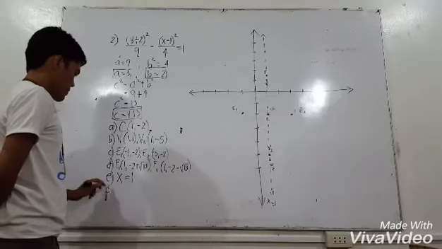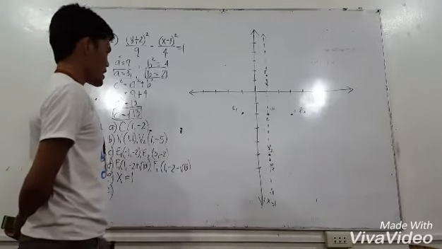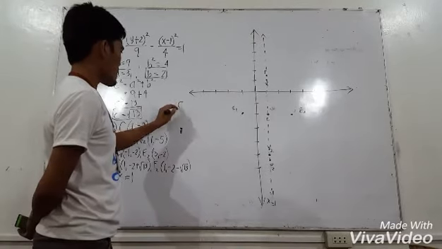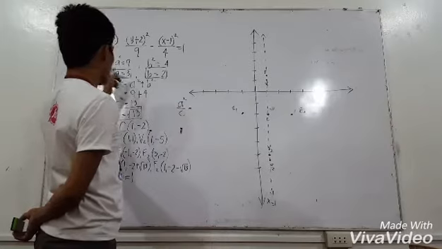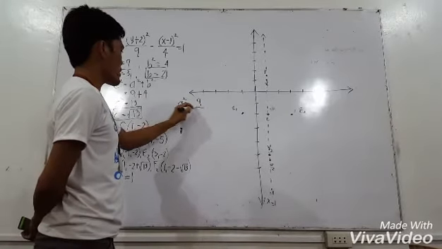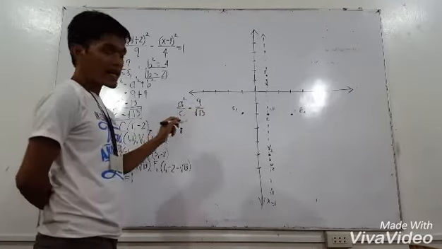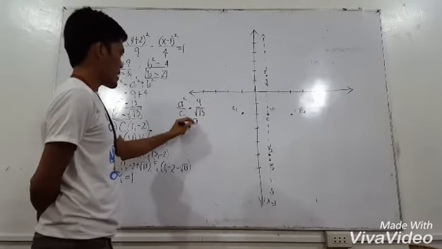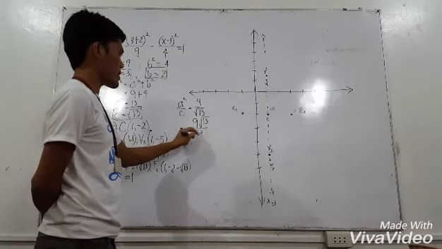Letter F. We find the directrices. Again, applying the formula, class, a squared over c. A squared is 9 over c, which is the square root of 13. Rationalize, this is 9 square root of 13 over 13.